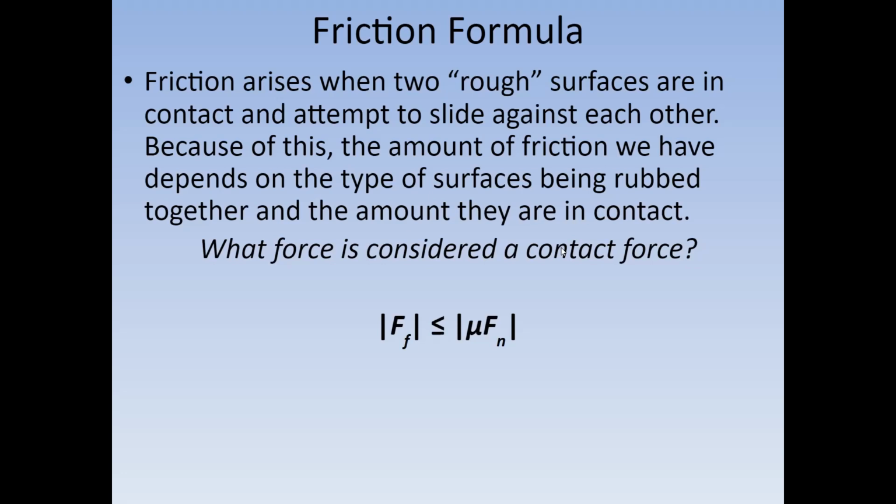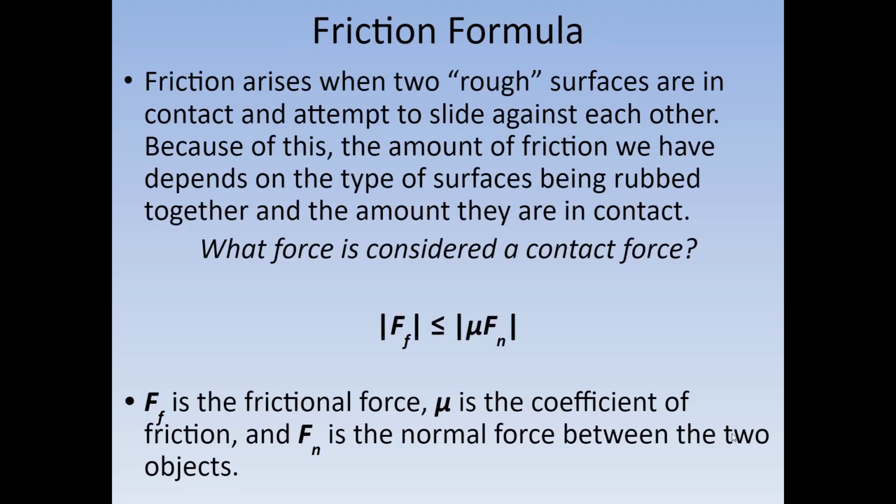Here, these absolute value bars are strictly saying while the values might be equal, the direction has no indication. Another thing to point out is that you have this less than or equal sign. Now, I'm going to point out what that refers to, but it turns out that the frictional force can sometimes be less than this value.